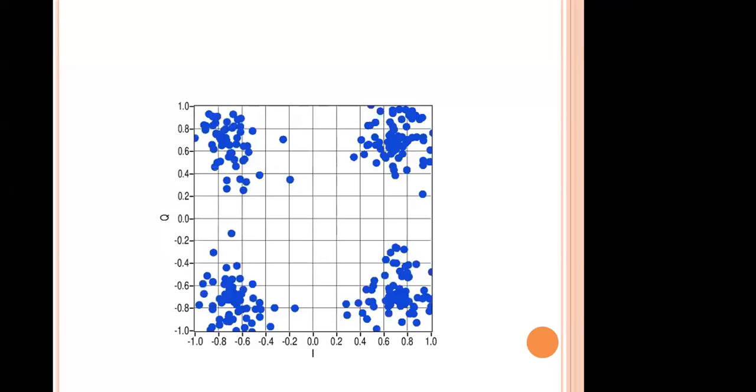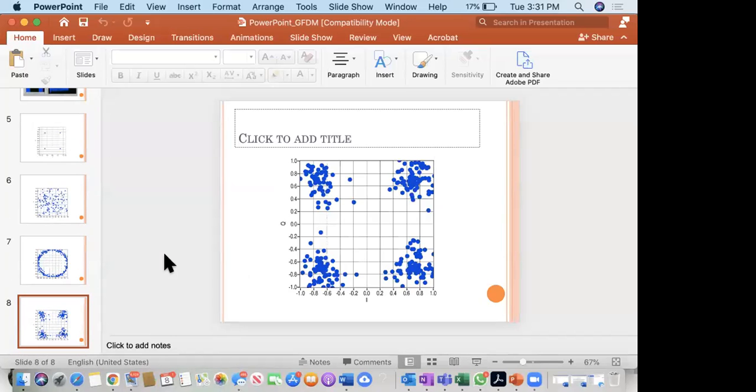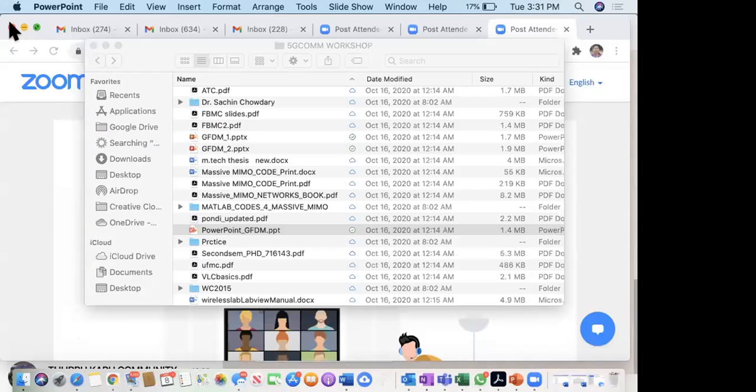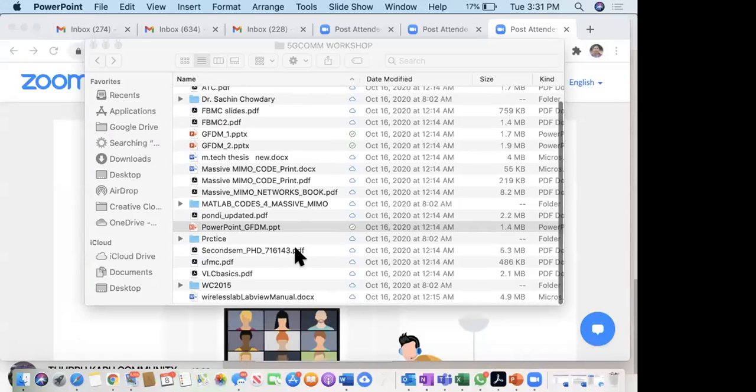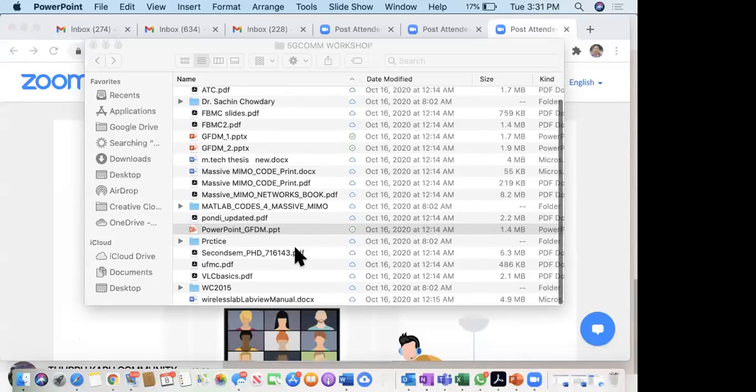So we could see the outputs at the receiver. Okay, this is a simple example, but I'll take you through my other slides on what exactly we have done for my VLC communication and my GFDM communication.